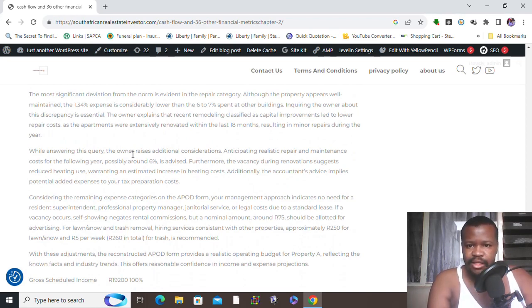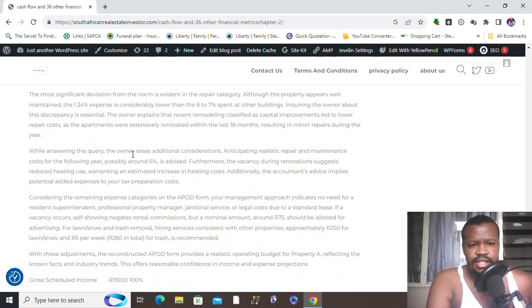Although the property appears well maintained, the 1.34% expense is considerably lower than the 6 to 7% spent on other buildings. Inquiring of the owner about this discrepancy is essential.